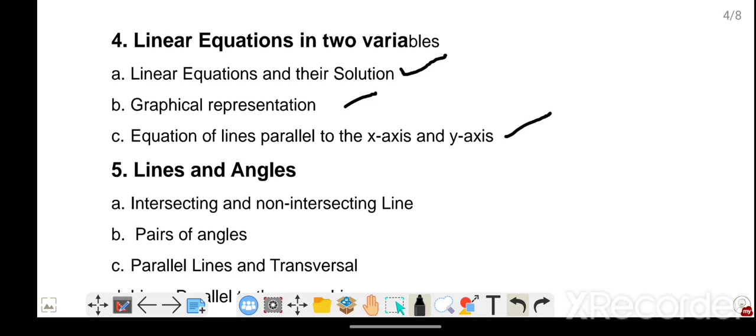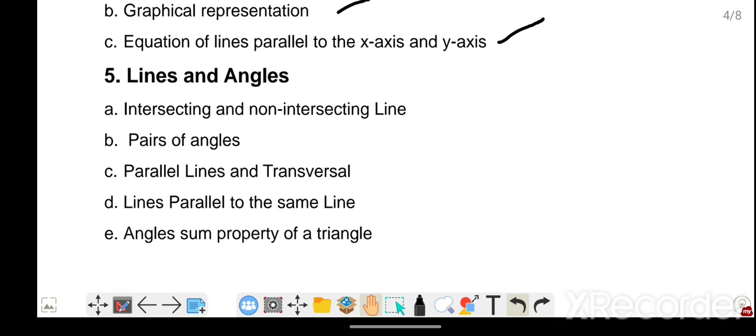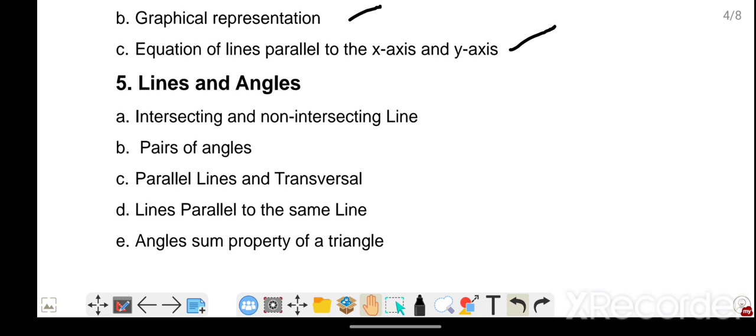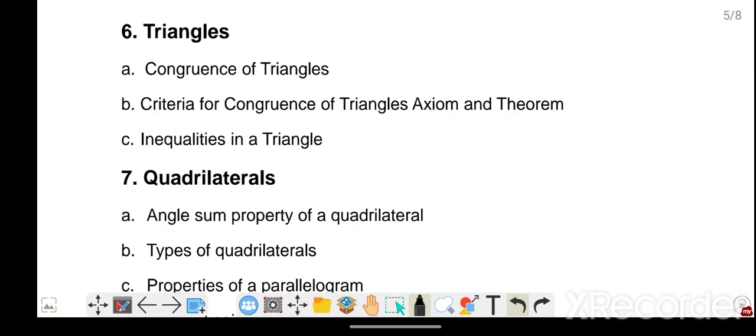Next chapter, lines and angles. In this we will study intersecting and non-intersecting lines, pairs of angles, parallel lines and transversals, lines parallel to the same line, angle sum property of a triangle.